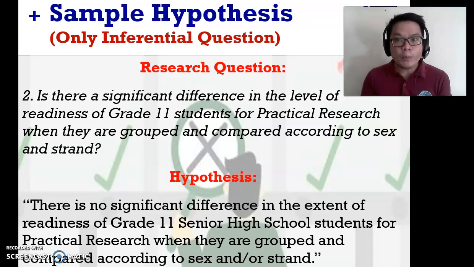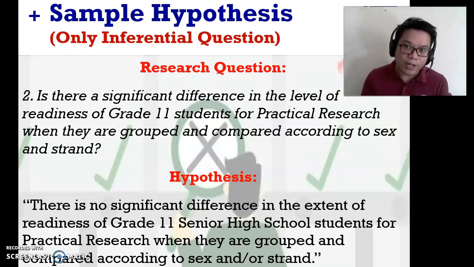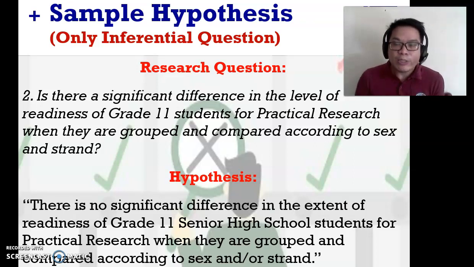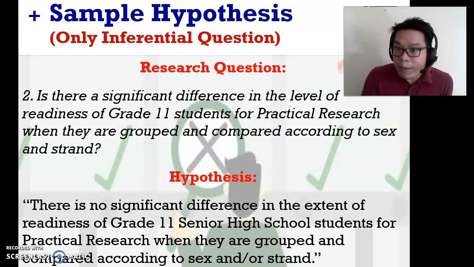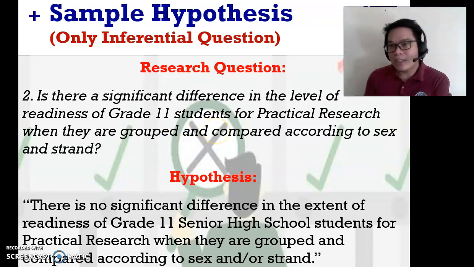We predict that there is no significant difference in the level of readiness of grade 11 senior high school students for practical research when they are grouped and compared according to sex and strand. Right now we have already finished the statement of the problem and also the hypothesis. Sige, please watch out for the next set of videos.